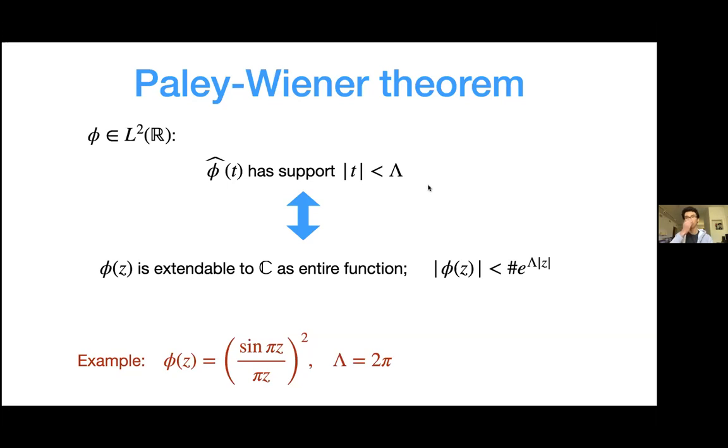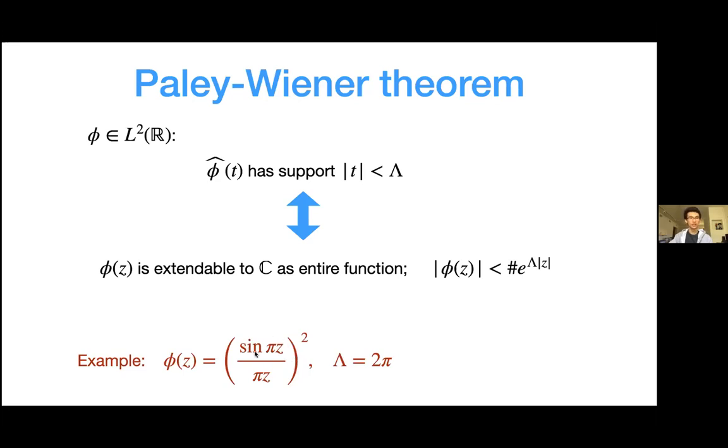This is a classic Paley-Wiener theorem, and it is extremely useful in practice, because if function phi is complicated, you actually don't need to compute its Fourier transform. You can just look at its growth at infinity and read off the support. So for example, let's consider the simple function sine z over z squared.